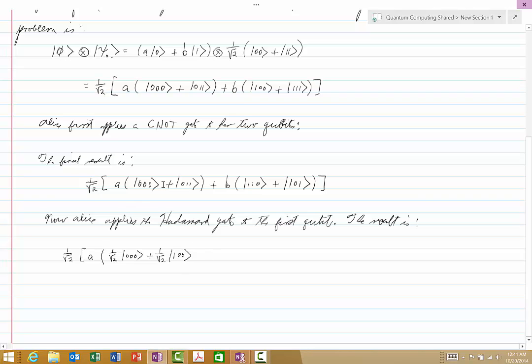And then when we apply the Hadamard gate to the first qubit in this ket, we will get plus 1 over square root of 2 |011⟩ plus 1 over square root of 2 |111⟩.